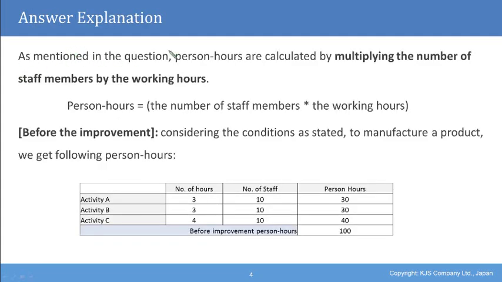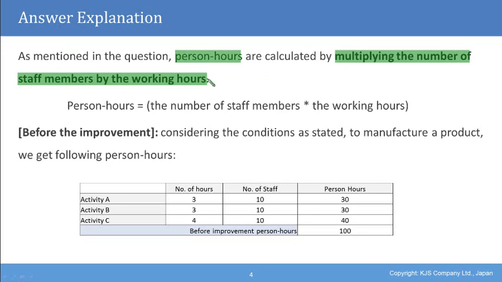As mentioned in the question, person hours are calculated by multiplying the number of staff members by the working hours. So, the equation for person hours is the number of staff members times the working hours. First of all, before the improvement, considering the conditions as stated in the question, to manufacture a product, we get the following person hours.